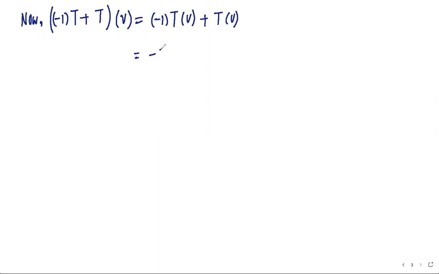Now this is equal to minus T of v plus T of v. So this is the image of T under v, and this is the image of T under v, and they are the negatives of each other. So this is clearly the zero of W.